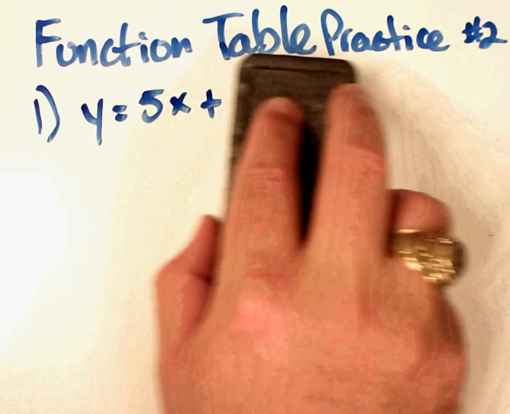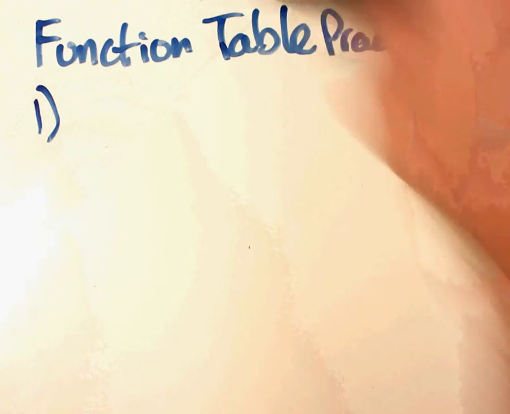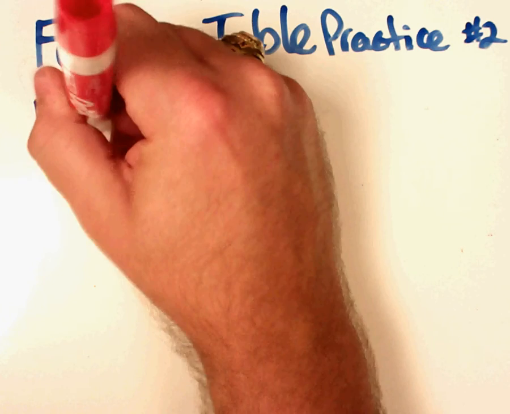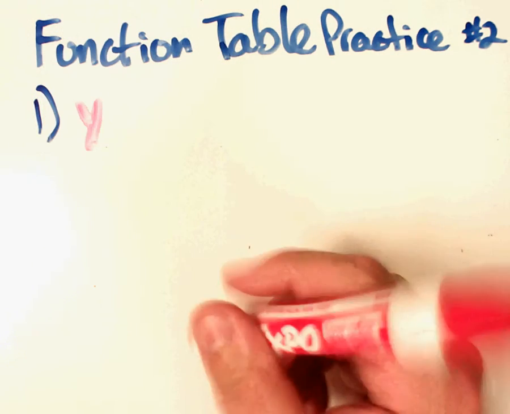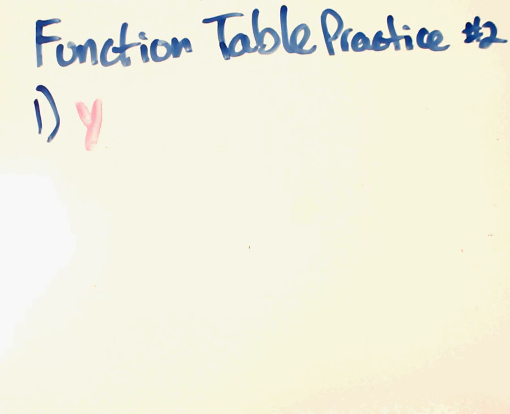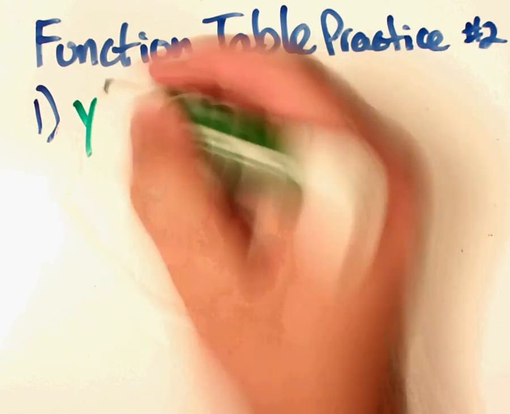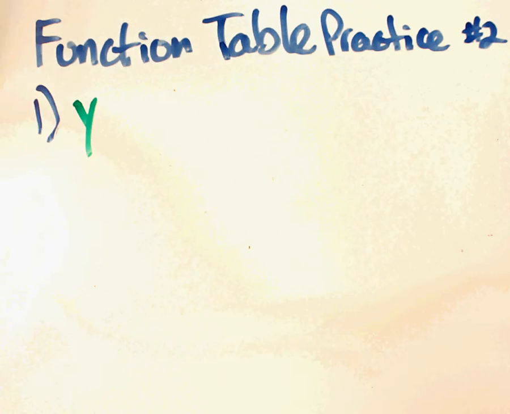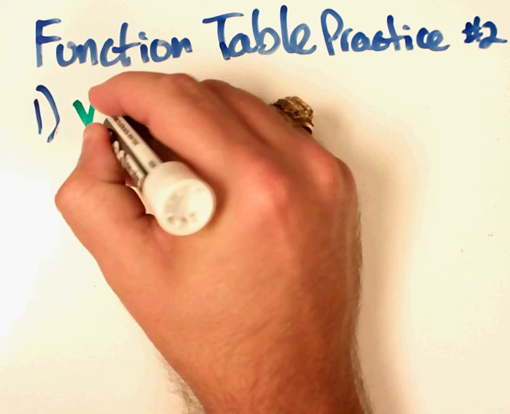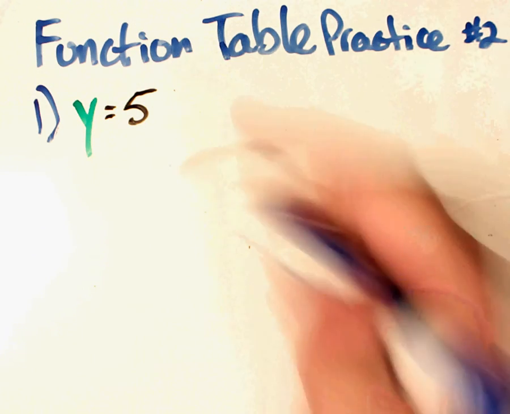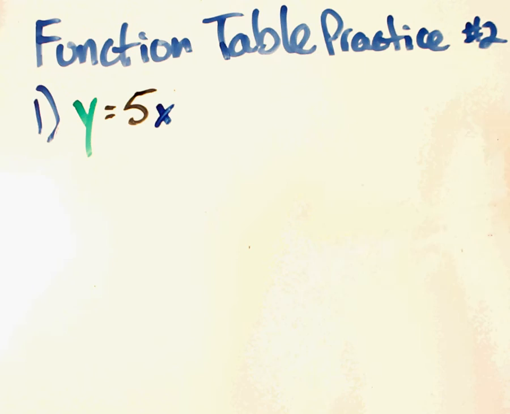So I'm going to rewrite this, and I'm going to do my y in green. I'm going to do my operations and any of my constants in black. I'm going to do my x in blue.